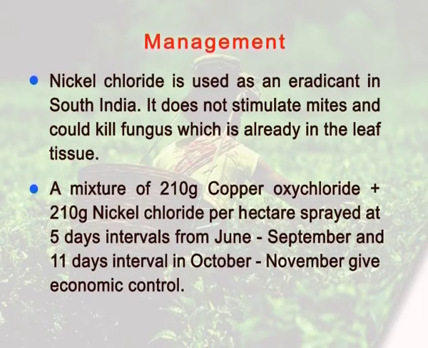A mixture of 210 gram copper oxychloride with 210 gram nickel chloride per hectare sprayed at 5 days intervals from June to September and 11 days interval in October to November gave economic control.